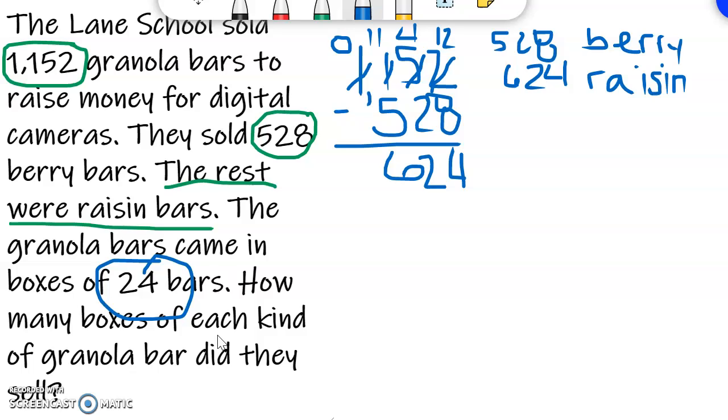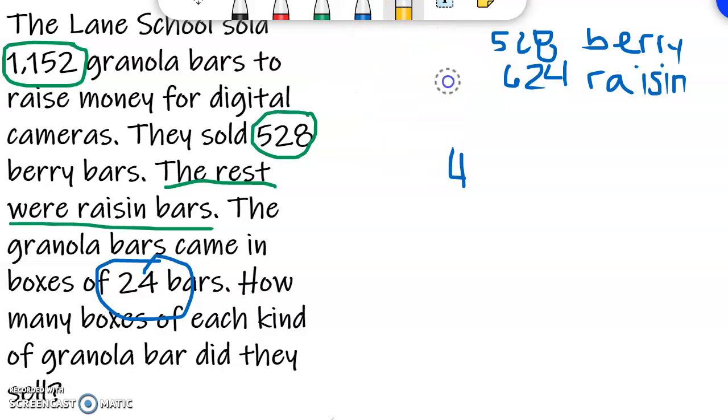So that means that I have to divide 528 by 24 to figure out the number for berry. And then I have to divide 624 by 24 to figure out the number of boxes of raisin bars there were. So I'm going to go ahead and erase my subtraction from the first step of my problem.